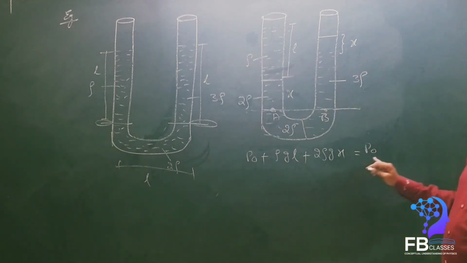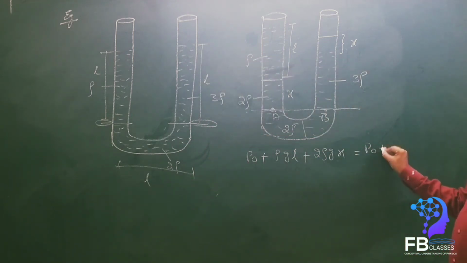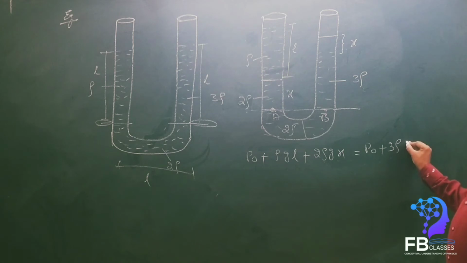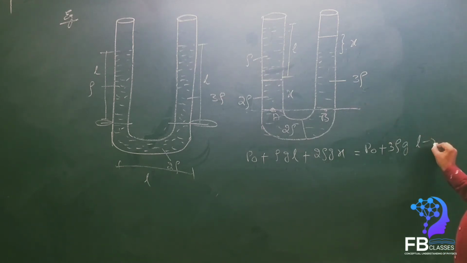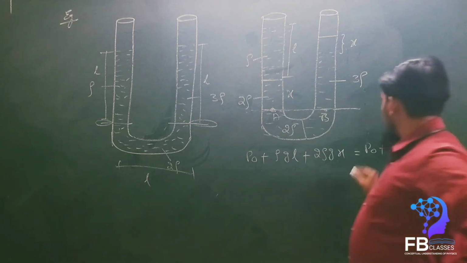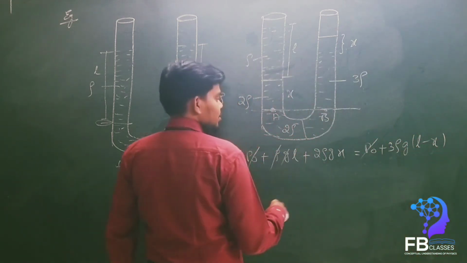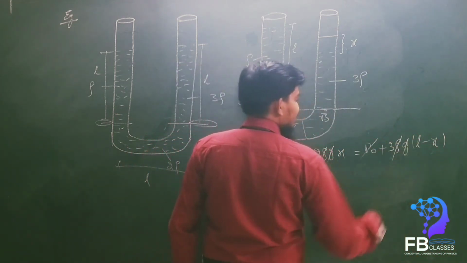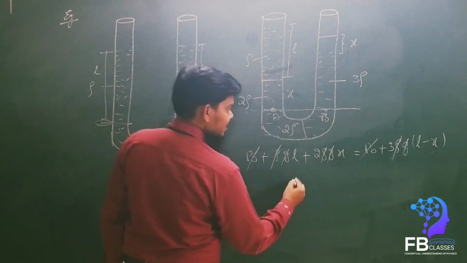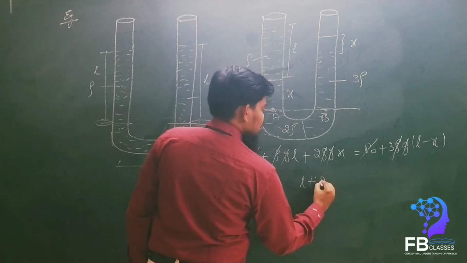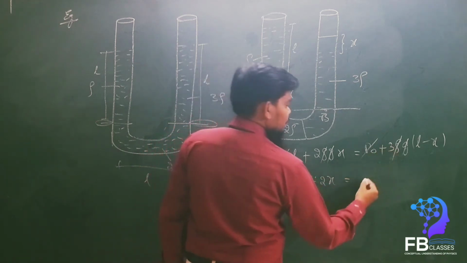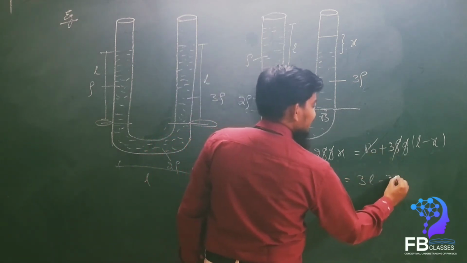This side is P naught plus 3 rho g. How much did we take as L? So that means L minus x. Okay. So P naught gets cancelled. Rho g gets cancelled. Then what is the value which remains here? L plus x. Yes or no? L plus 2x is equal to 3L minus 3x.